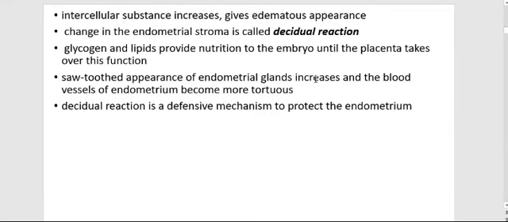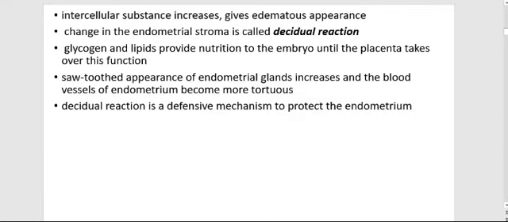The other reason for that reaction when implantation is taking place is that the syncytial trophoblast is eroding the endometrium. So to protect itself from further erosion, the endometrium undergoes the decidual reaction, and also to provide nutrition to the developing embryo.